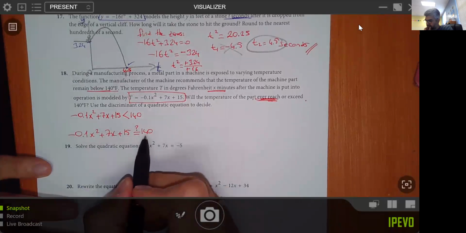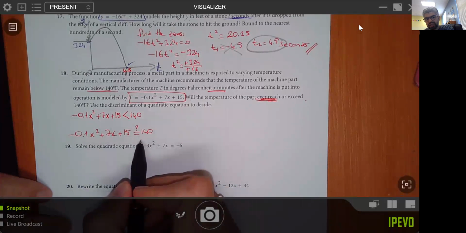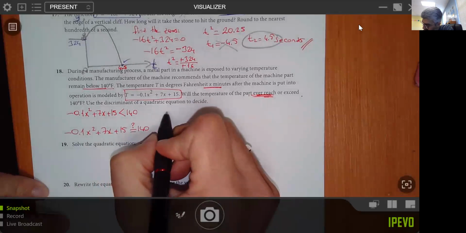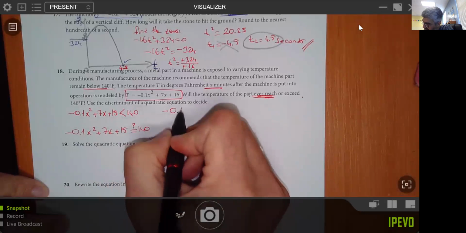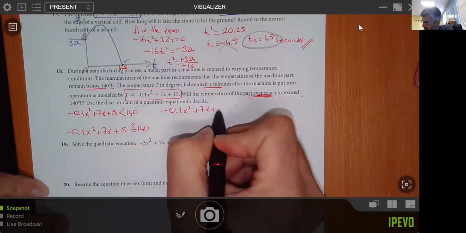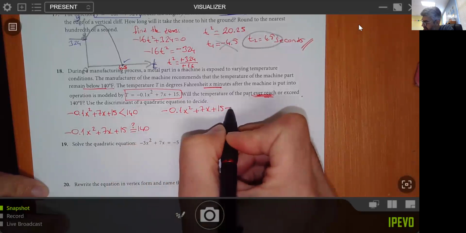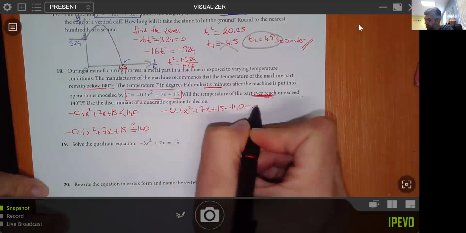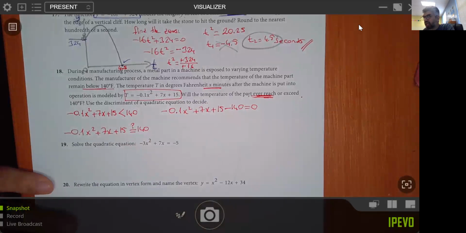Okay, so let's write the quadratic equation. Let's combine all the terms on one side. I will have negative 0.1 x squared plus 7x plus 15 minus 140 equals 0.